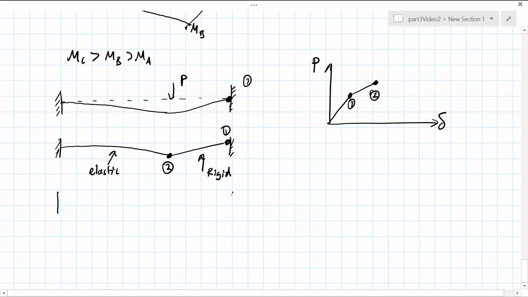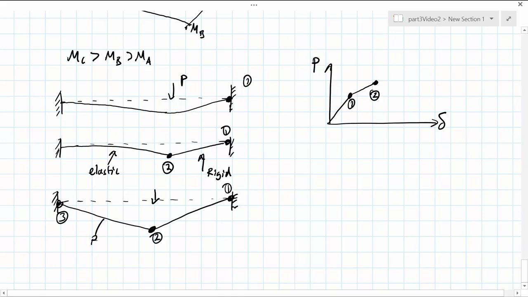And then finally, the last plastic hinge forms at the far support. And all intermediate sections are rigid, and we are said to have developed a plastic collapse mechanism.